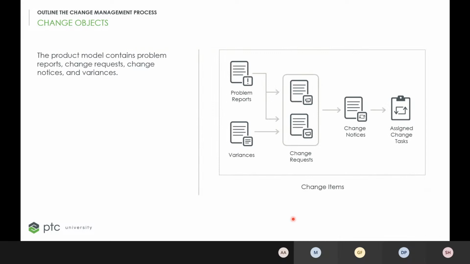Like I said, all of those 5 steps generate change objects. We capture all that information using change objects or change items, and here you can see all of them. So you have the problem report.